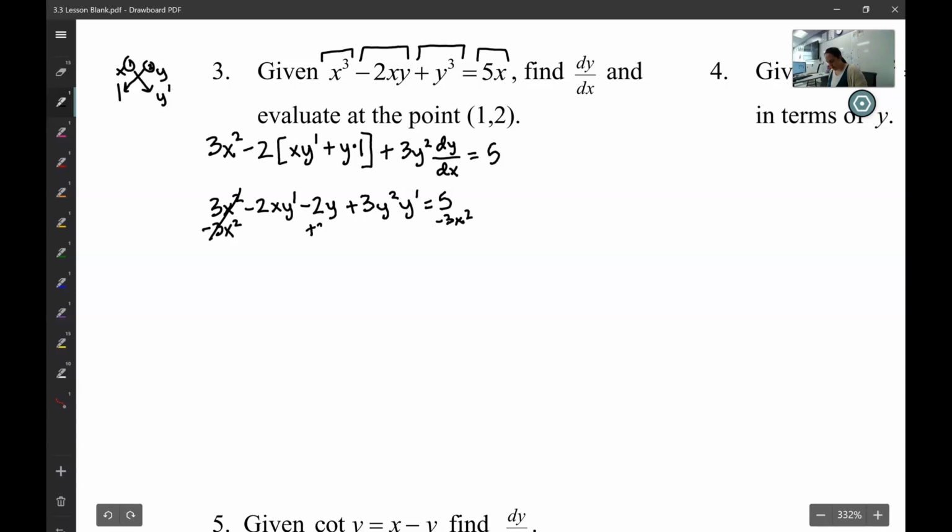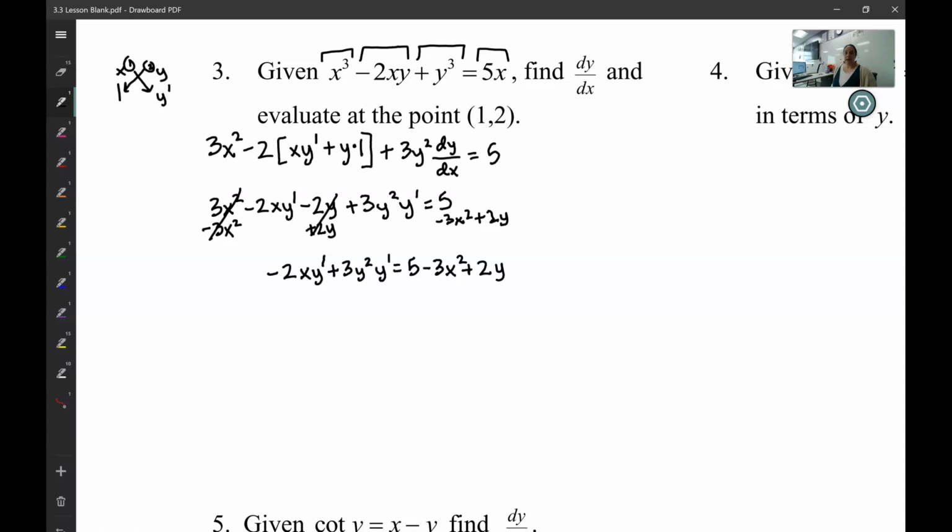And anything that does have a y prime, I'm going to leave it. There we go. Next, factor your y prime out of what's left.